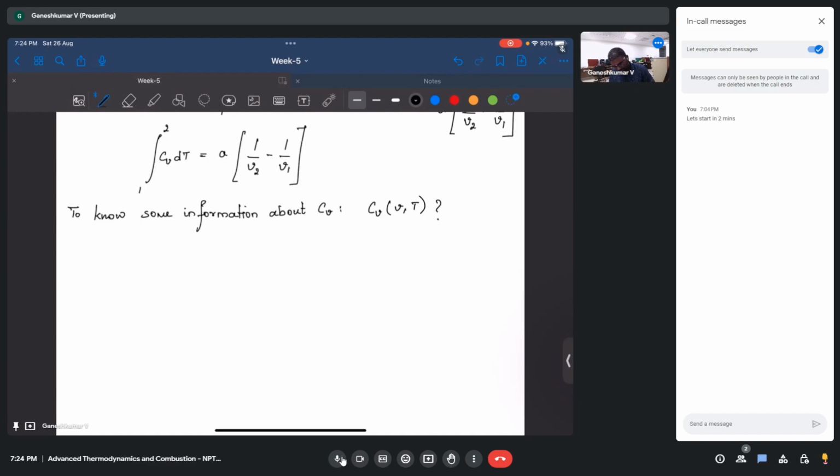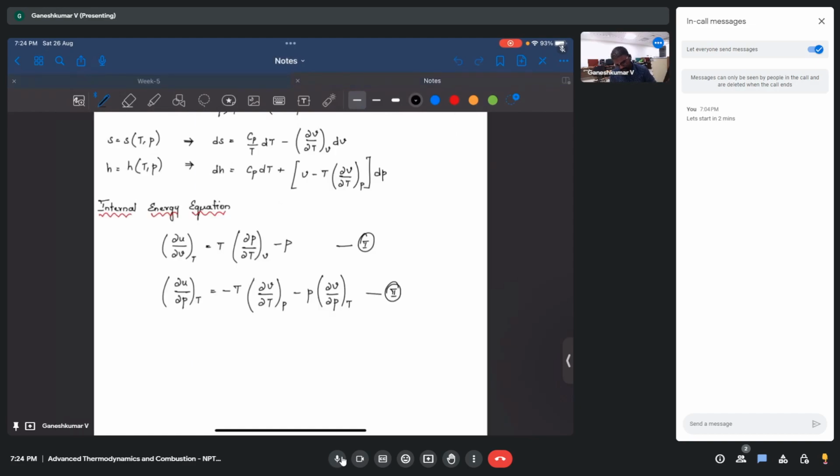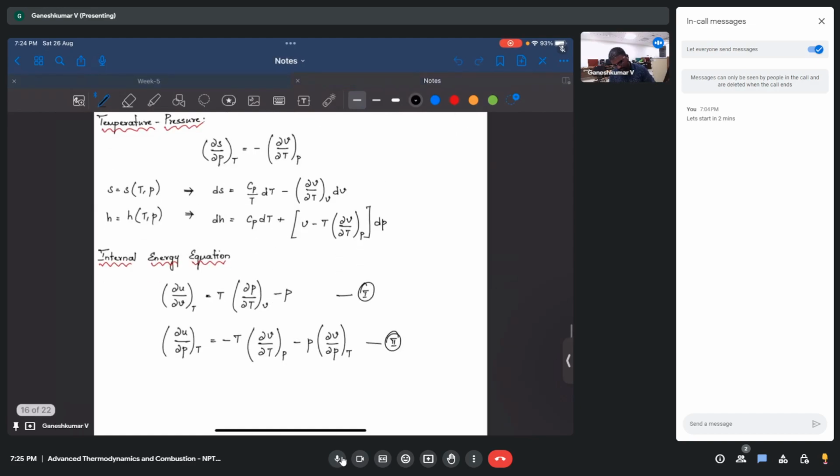Let's use one more equation, which is the total differential of entropy, right? I think you can take this from here. Yeah, this equation, the change in entropy equation.